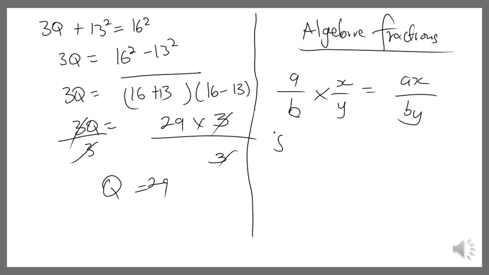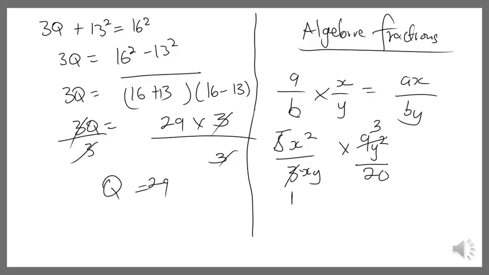So for example, if we have 5x squared over 3xy times 9y squared over 20, you know how this is going to be. This is just like normal fractions. 3 goes into itself 1, 3 goes into 9, 3 times. 5 goes into itself 1, 5 goes into 20, 4 times.